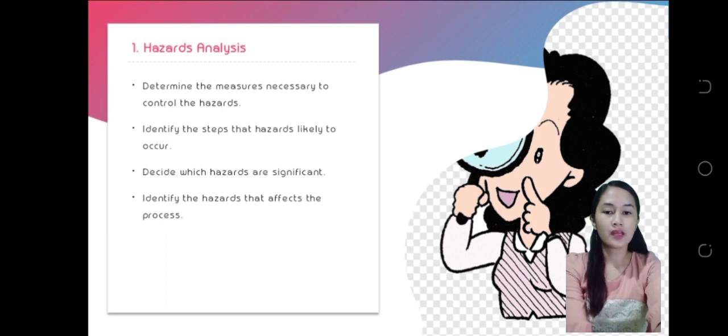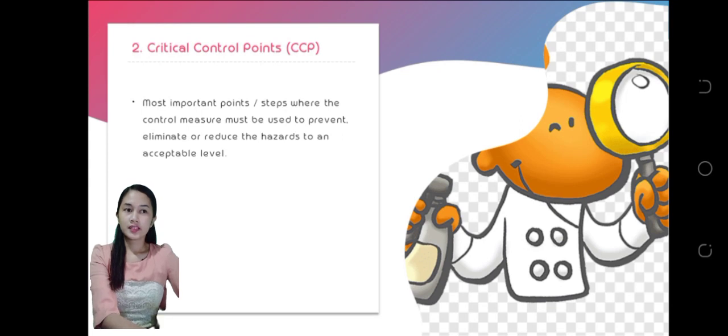The importance of hazard analysis is that the goal is to reduce or eliminate risks related to biological, chemical, and physical hazards. Next is critical control points, or CCP.